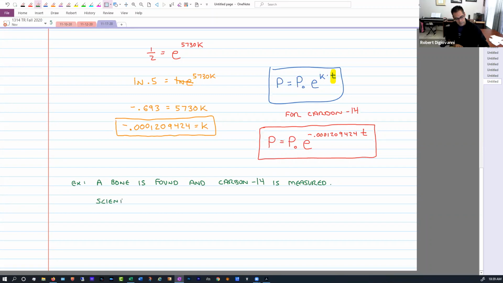Scientists determine the bone contains 0.02% of its original carbon-14. How old is the bone?